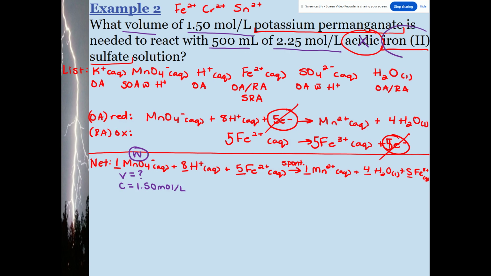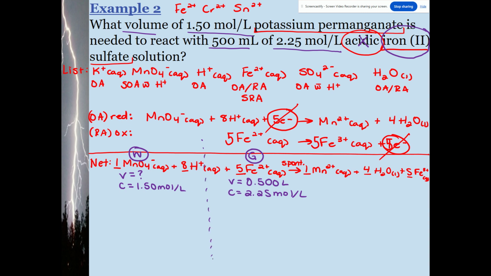And what's left in the net ionic equation of the iron 2 sulfate is the iron 2+. So this is my concentration and volume of my iron 2+. Okay, the volume needs to be put into liters, and the concentration is in the units it needs to be. So now I have everything identified.